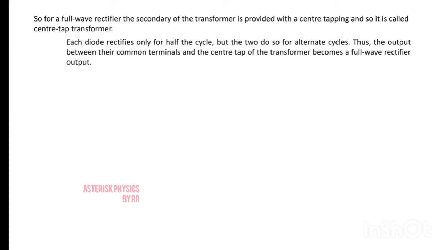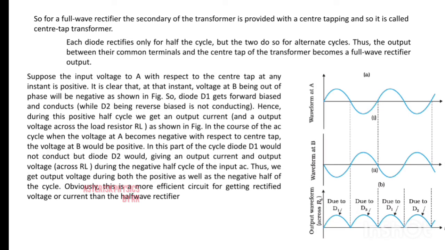Each diode rectifies only for half the cycle, but the two do so for alternate cycles. Thus, the output between their common terminals and the center tap of the transformer becomes a full wave rectifier output. Now, this shows the actual working detail of a full wave rectifier.